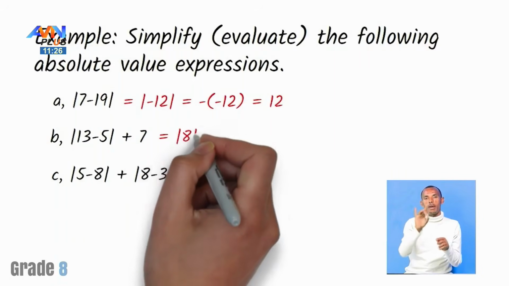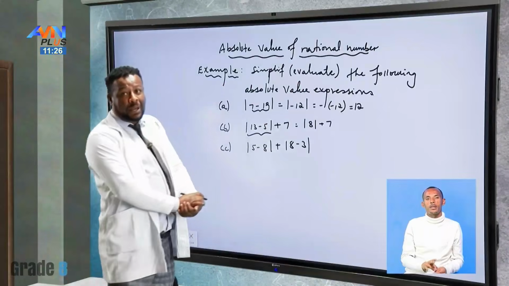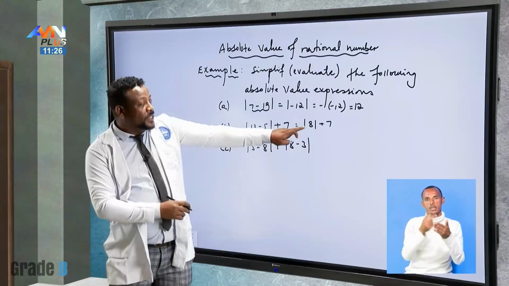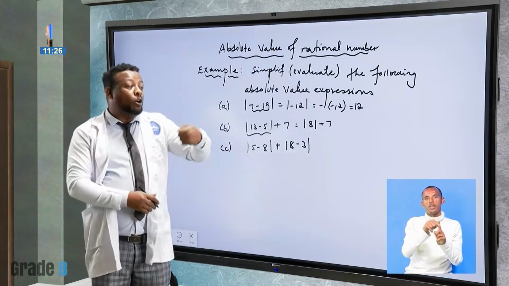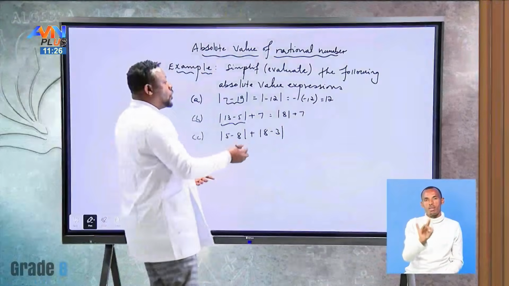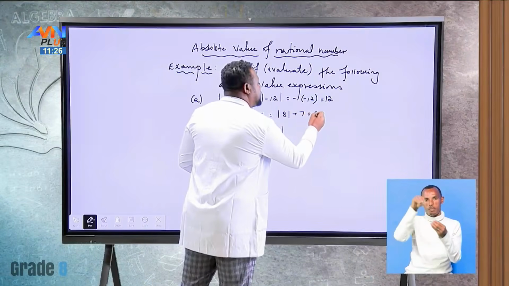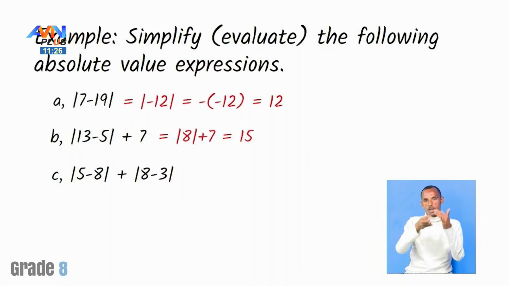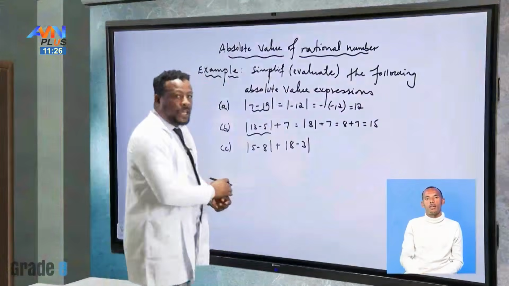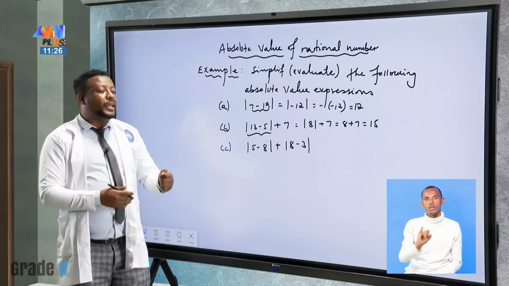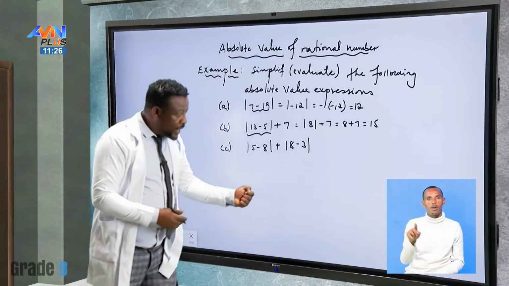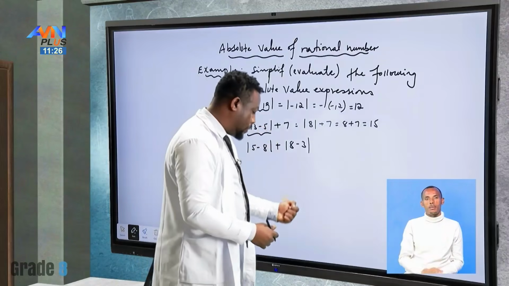Since this number is positive, its output is 8 itself. So it gives us 8 plus 7. The result becomes 15. So 15 is the answer for the B part, okay?